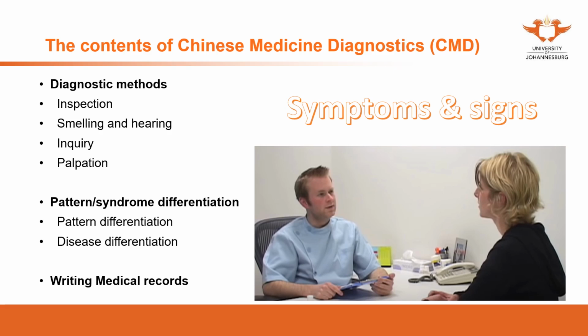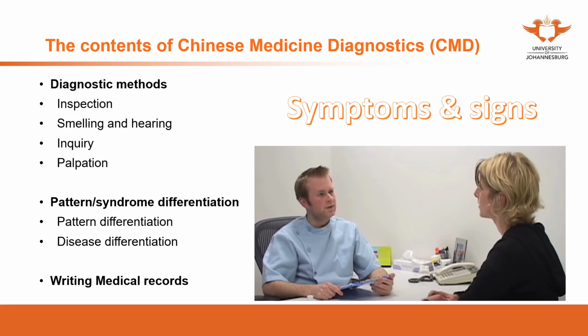So that's the inquiries. The doctor also asks the patient to show his tongue, and he inspects the tongue. In the meantime, he also inspects the facial color, although he didn't mention it.